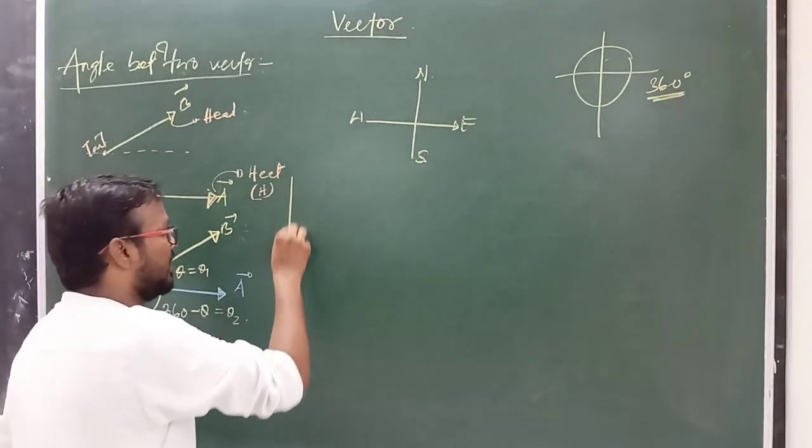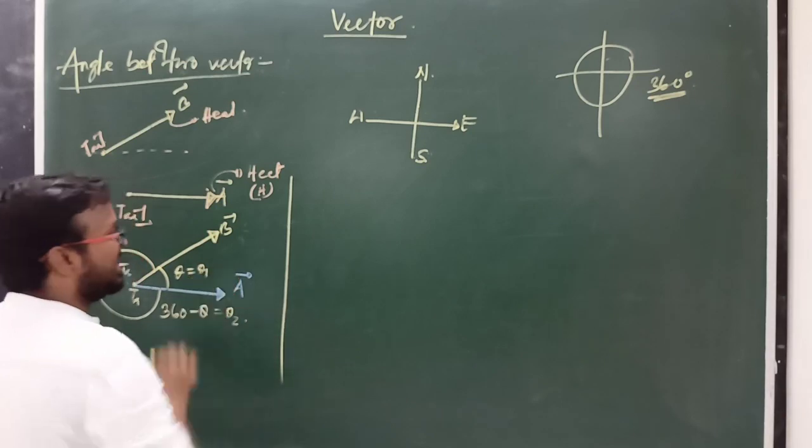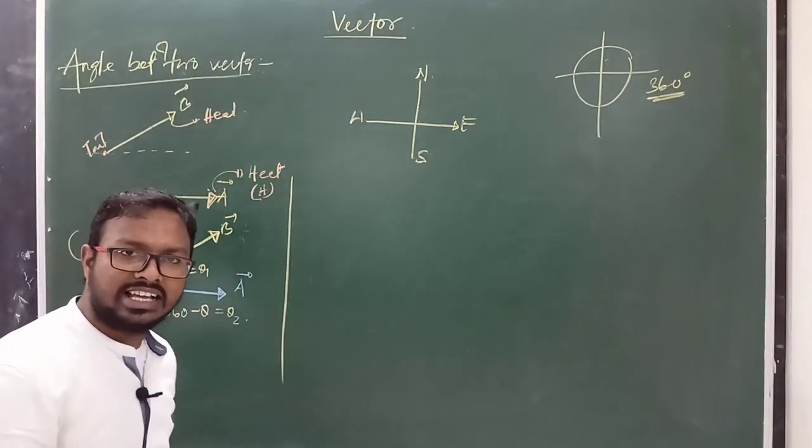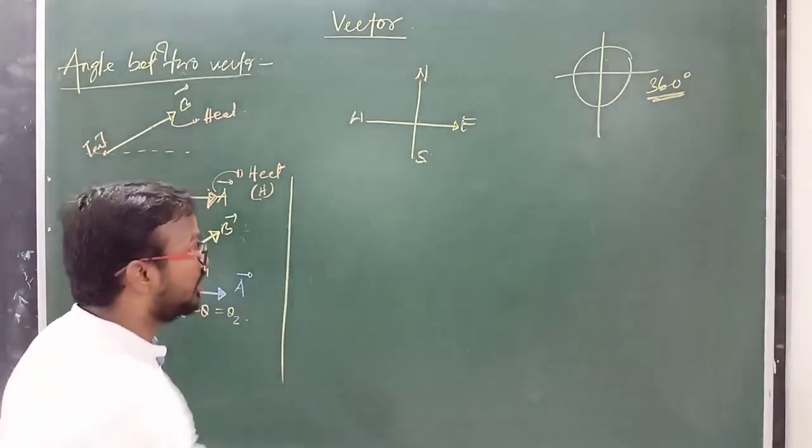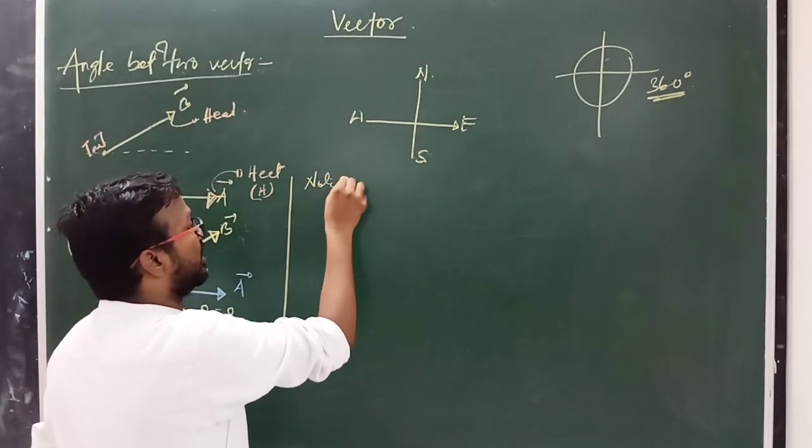Keep in mind here, the smallest angle should be considered as the angle between two vectors. So you have to write one note.